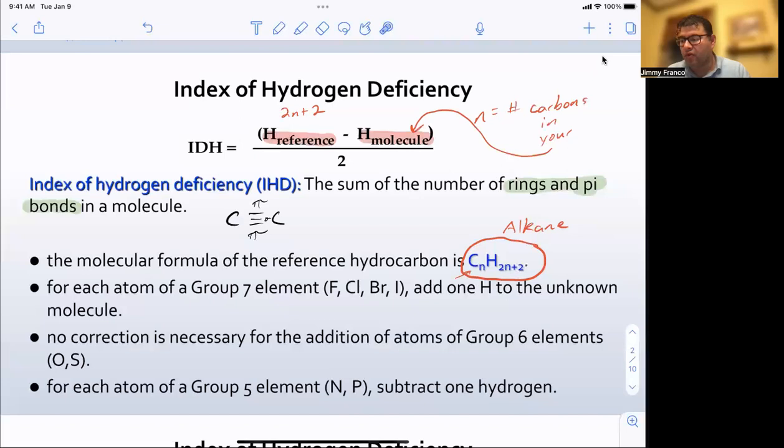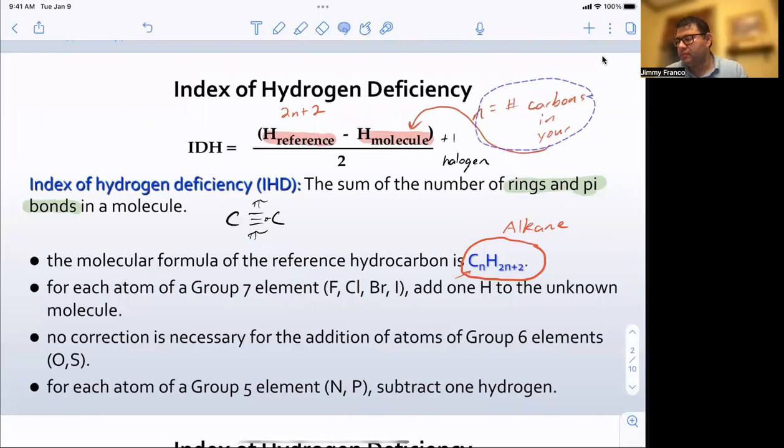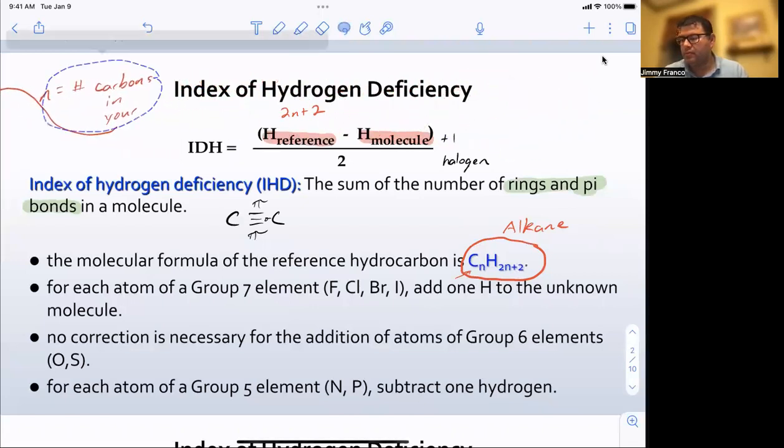So if we're building out this formula, you'd add 1 for every halogen. All right, so if you have 2 halogens, then you're going to add 2. If you have 10 halogens, you add 10. So you add 1 for each halogen.